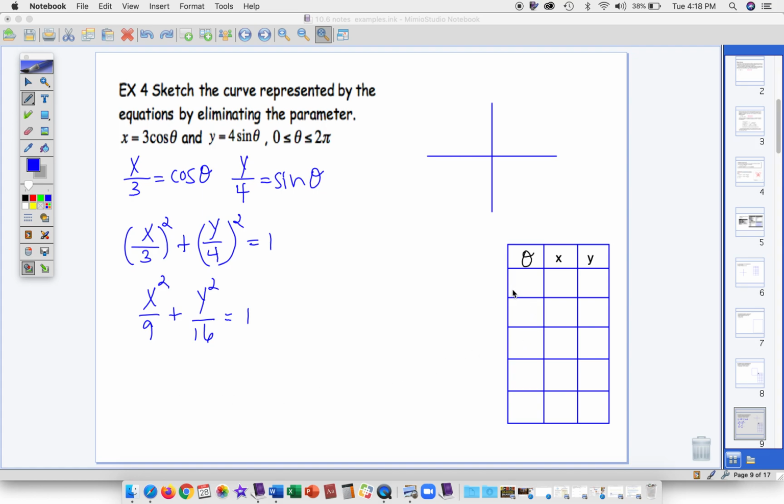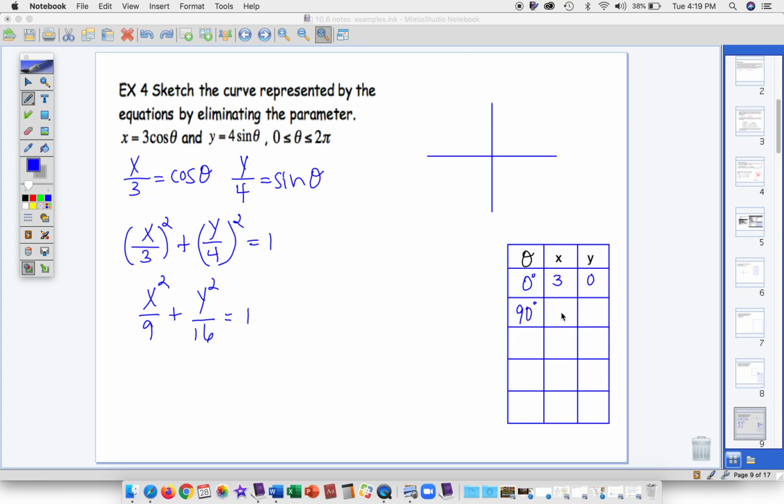So we can use our chart to plug in some values and get the orientation and get some points on the graph. If we start with the minimum value of theta, which is 0 degrees, we'll go in degrees. The cosine of 0 is 1, so x is 3, the sine of 0 is 0, so y is 0.